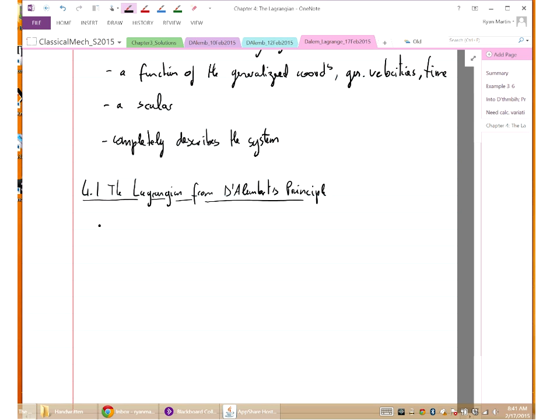So let's consider a single particle in a conservative field.